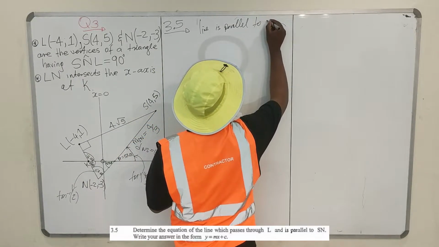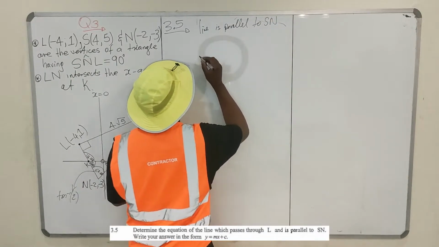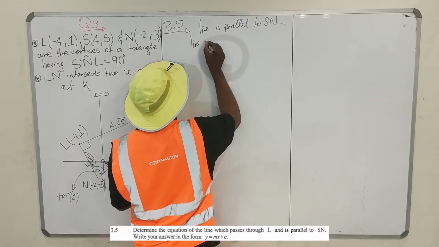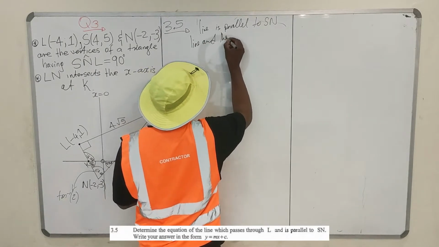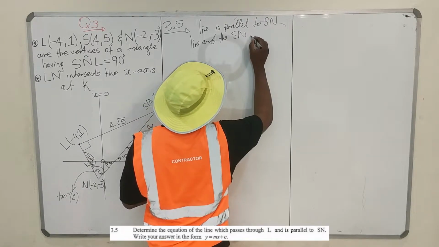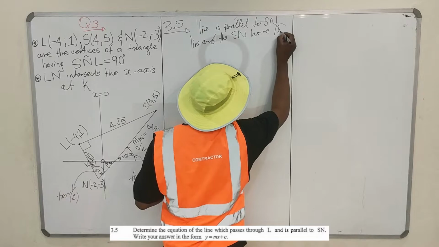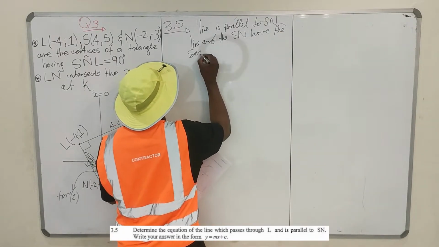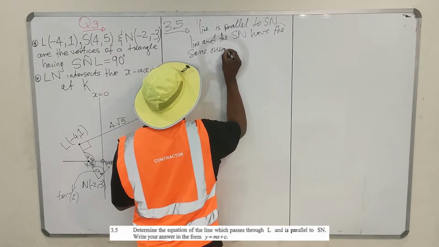to SN. What does this mean? It means the line and SN have the same orientation.